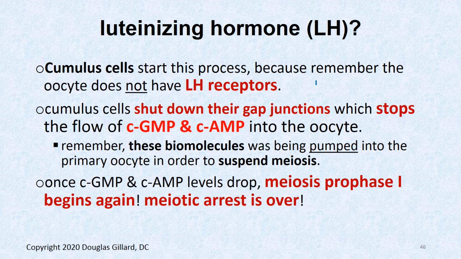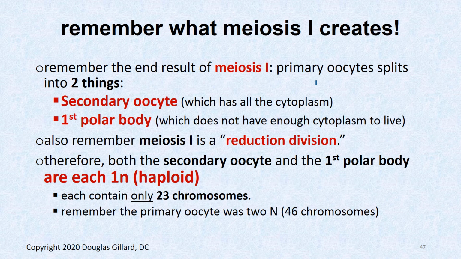Remember that cyclic AMP and GMP, especially cyclic GMP, that was the one that was kind of putting it into sleeping beauty phase, we think. It was part of it. So once those levels drop, meiosis starts up again, and prophase is off to the races.